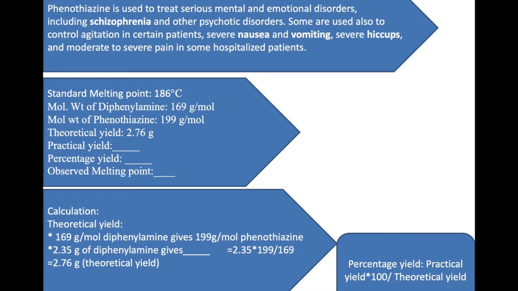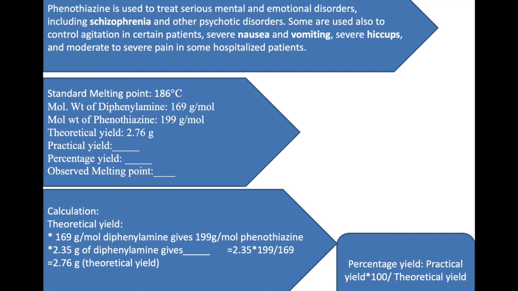What product in grams we get at the end of the practical synthesis is our practical yield. From these two values we calculate the percentage yield. The formula is practical yield divided by theoretical yield into 100, where 100 is for the percentage calculation. The number we get is the percentage yield at the end of the synthesis.